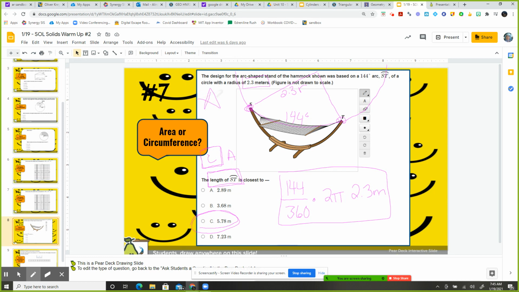This is the hard version of that sector area and arc length, because you're not immediately clued into this formula that this is what you have to do. And again, guys, taking the SOL, this formula is not on the formula sheet. So you just have to kind of memorize it. That's why we're practicing it so much.